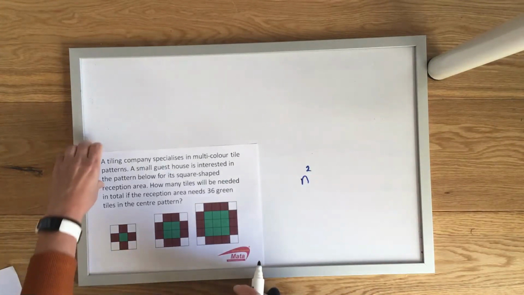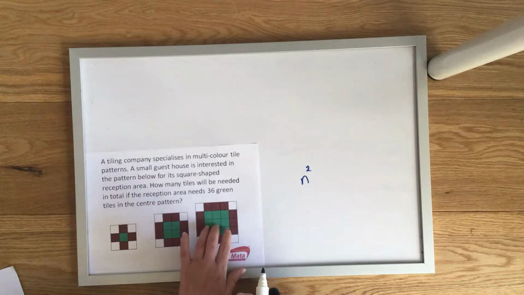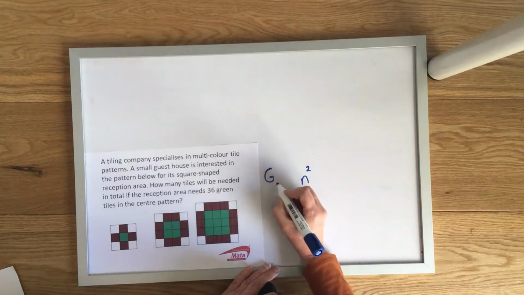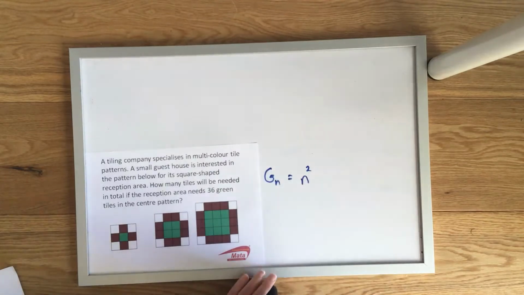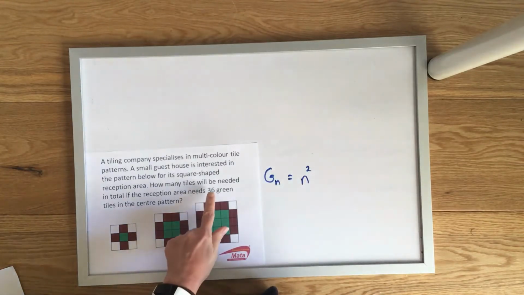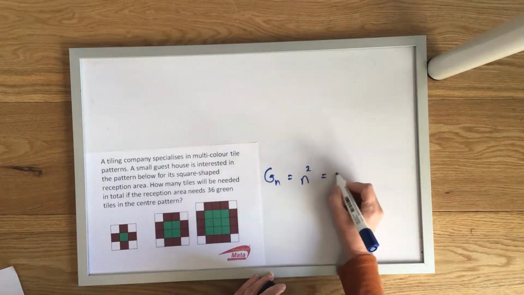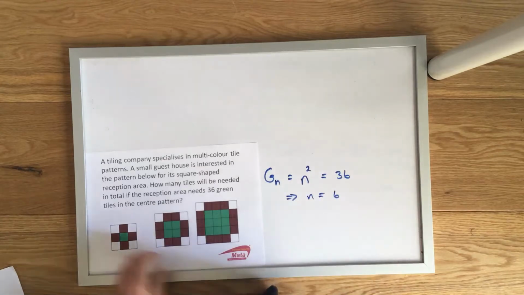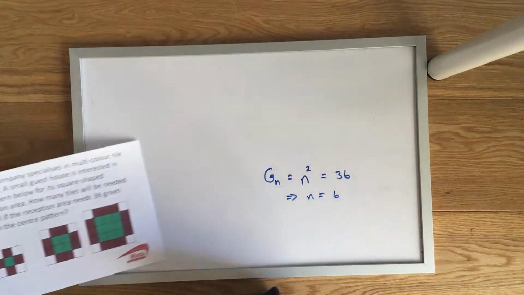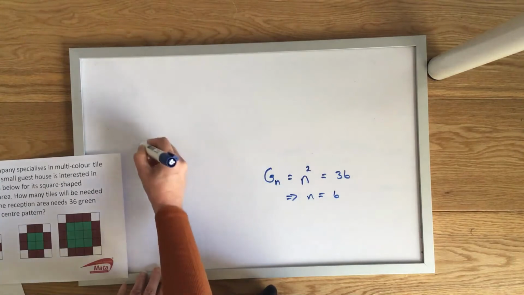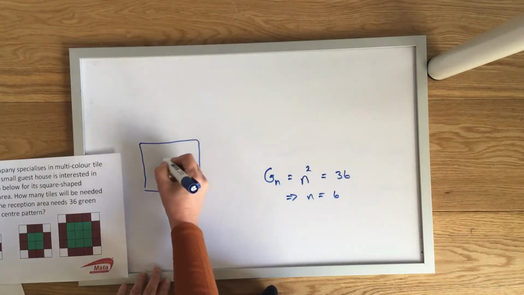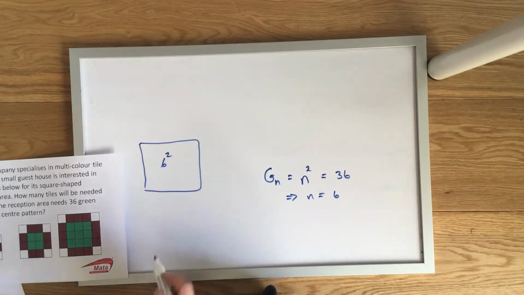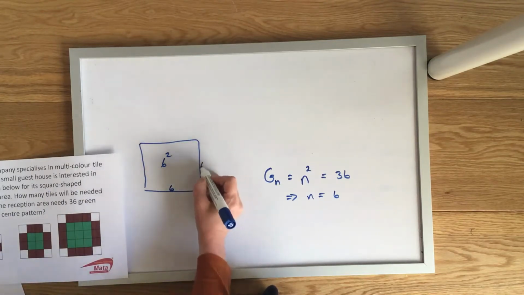So coming up with our general pattern first for green tiles, I'm just going to call this my green general term is n squared. I'm looking for 36, so I want that to be 36. So that in fact means that n must be 6. So if I'm visualizing this, I've got 6 by 6, or 36 squares here, so I have 6 along each edge.